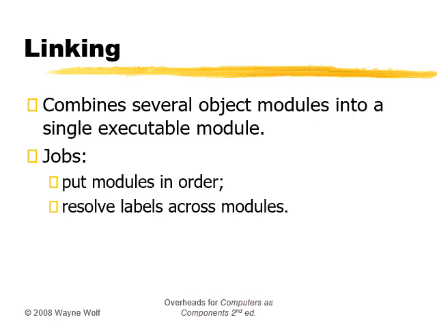So what does the linker do? It puts the modules in order and resolves labels across modules so that we can have complete labels across all the modules. So basically linking is the work in which we stitch all the smaller pieces of programs into one executable module.